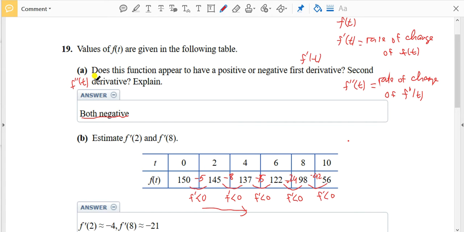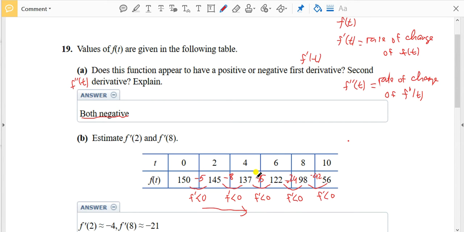How about the second derivative? How do I see that from this table? If you look carefully, 150 going to 145, you are decreasing by 5 units if you increase the time by 2 seconds. Now, if you increase the time by the same 2-second interval again, you subtract 8 to get to 137.